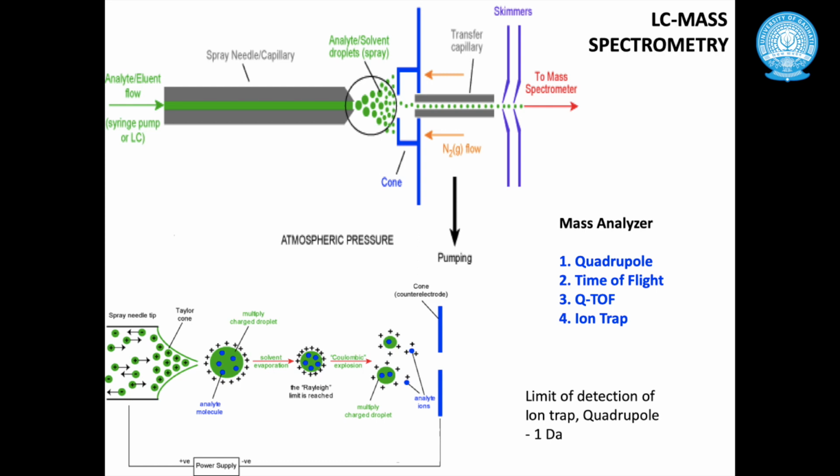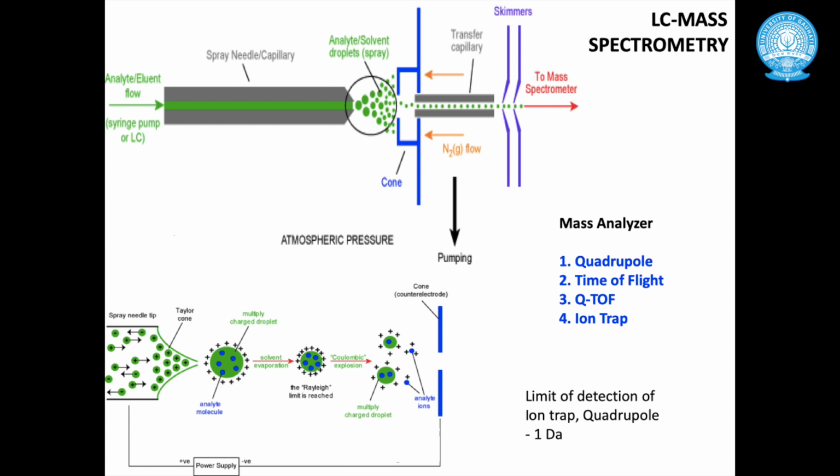When the droplets are charged and, because of the high temperature, these droplets keep on shrinking, the charge of the analyte inside the droplet and the charge outside the droplet, which is provided by the electric field present in this chamber, repel each other.